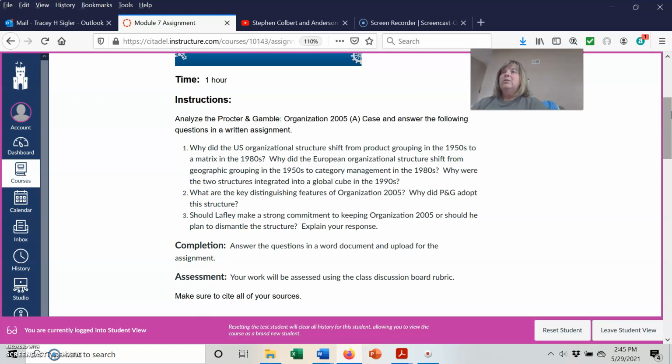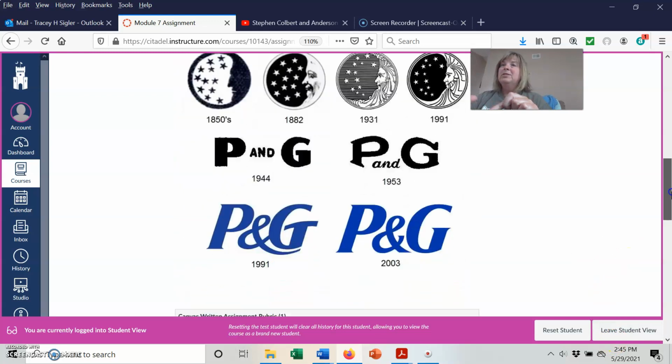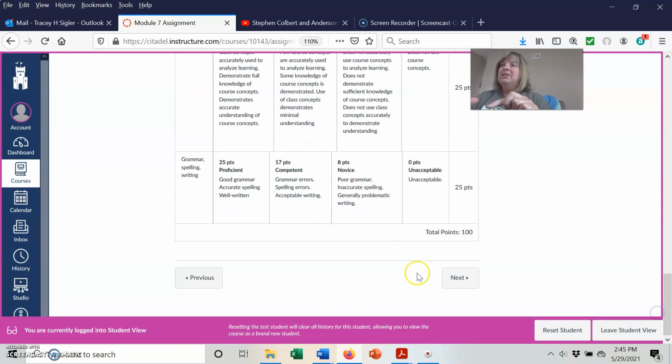Lafley is the new CEO coming in, and the final question is to ask you, should he keep the current structure or change it? This is a real company, so you could do a search and find out what really happened, and I'll actually give you an update once everybody gets the assignments turned in and I get everything graded.